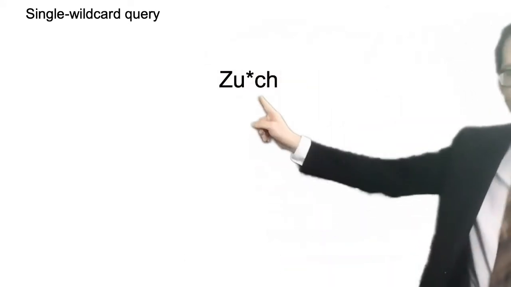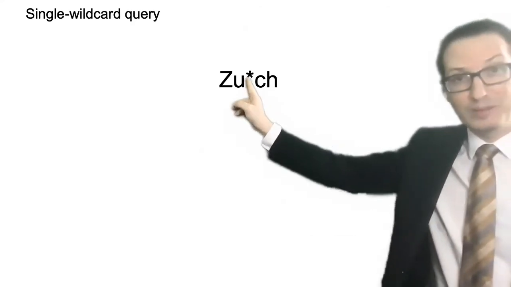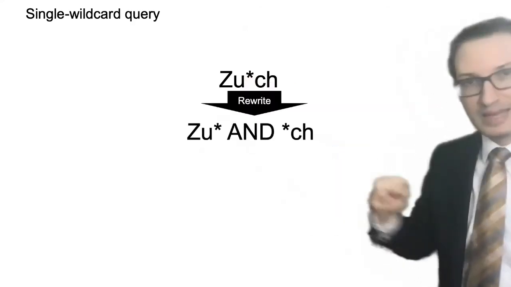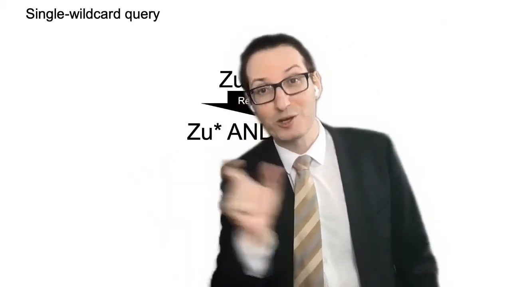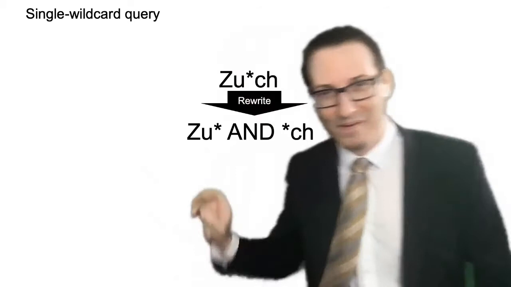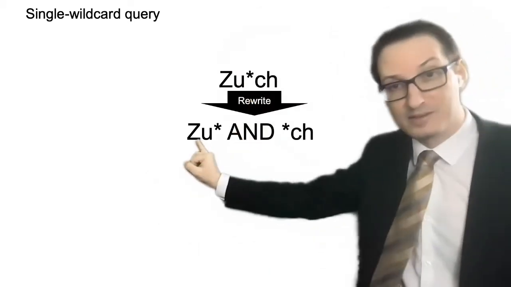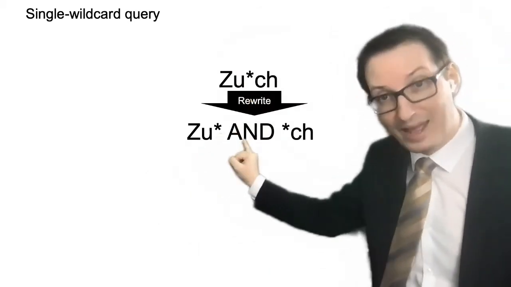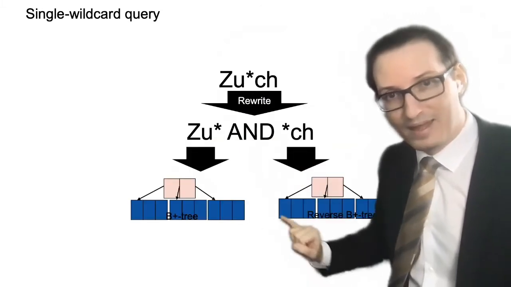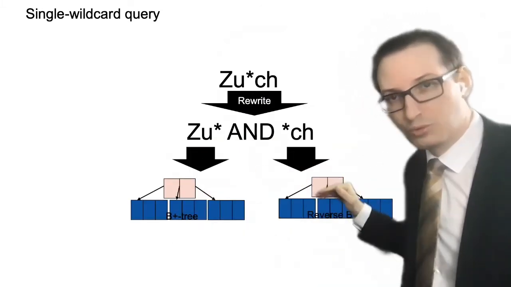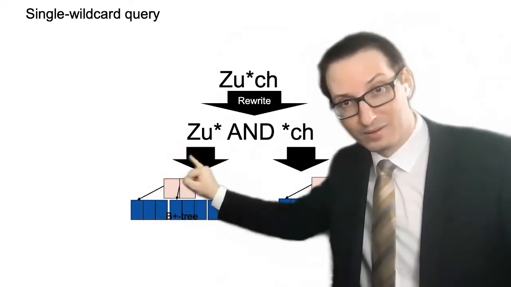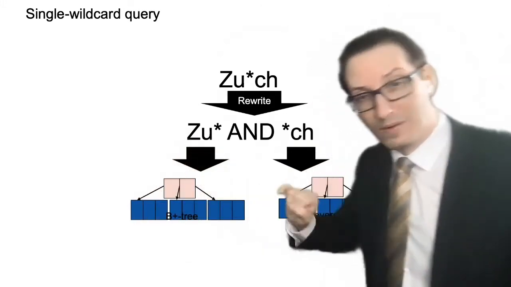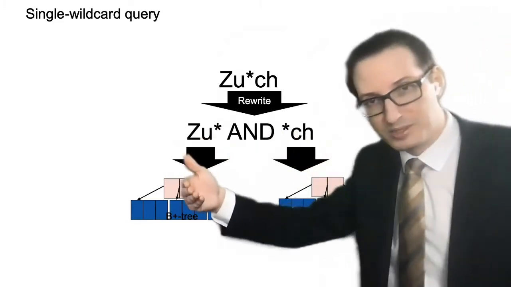All right. Now, if I have a single wildcard query, but it's in the middle of the word, then I can rewrite it. Maybe that will remind you of these phrase search and biword indices. We rewrite that as zu star and star ch. And then we just do two lookups. One on the normal B plus tree with the range query on ZU, ZU to ZV.